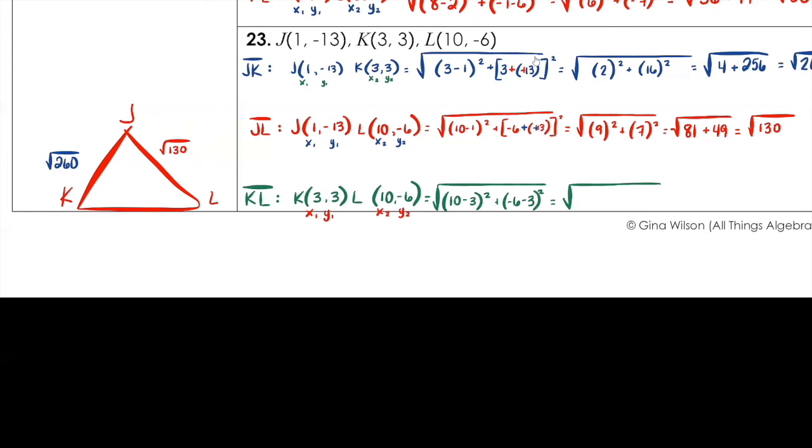Ten minus 3? 7. Negative 6 minus 3? Negative 9. Seven squared?